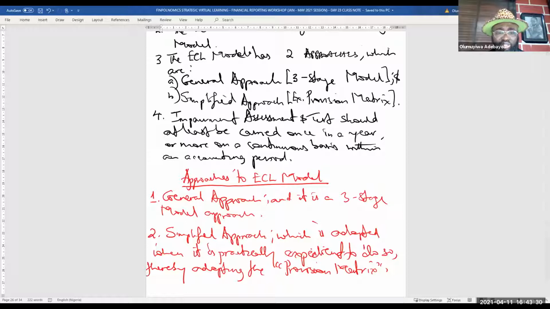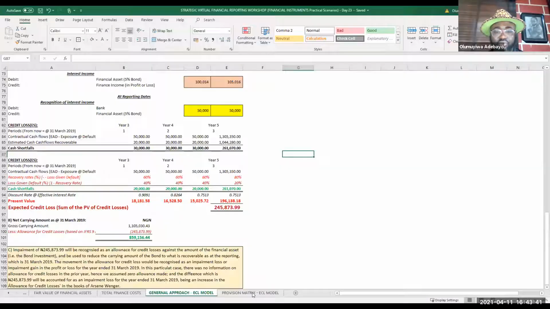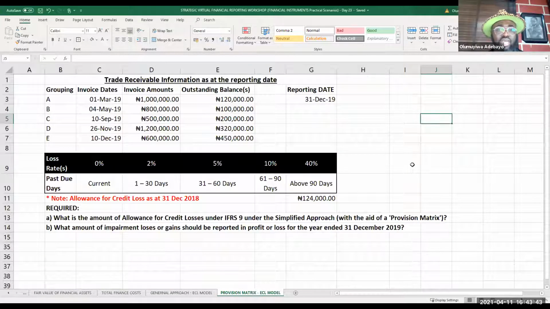I'll share this question with you on Excel and thereafter we'll model the answer. I want somebody to read this first.